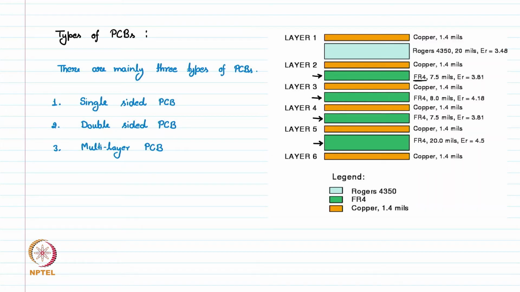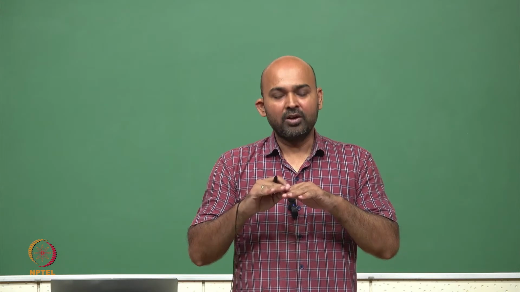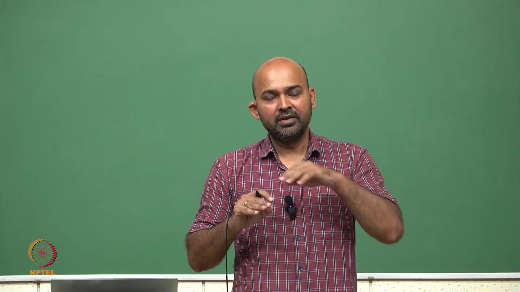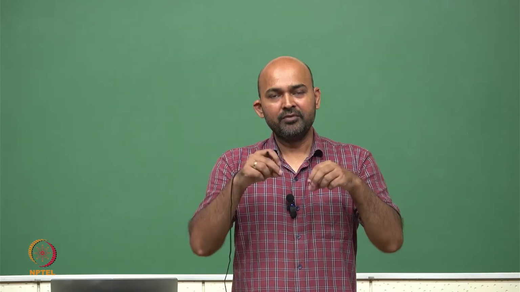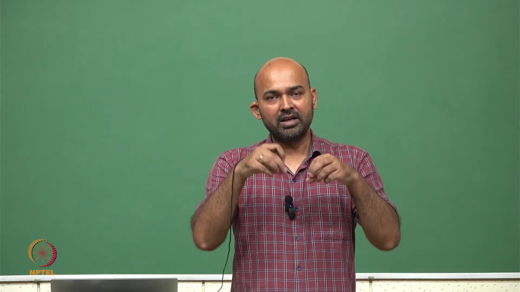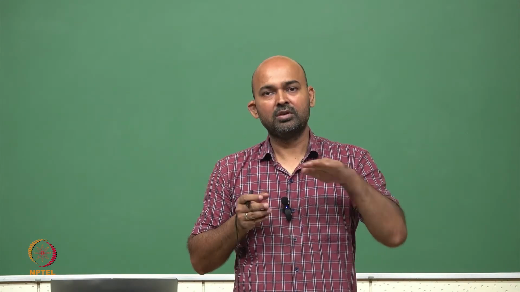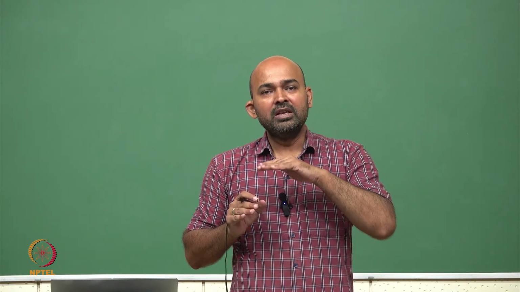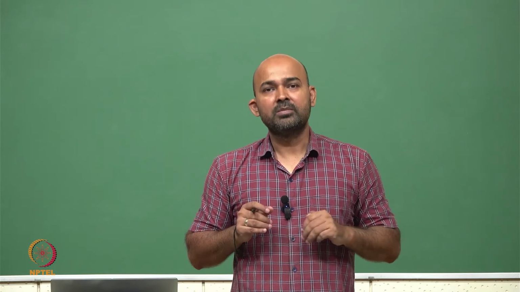So now what is single sided PCB? We have only one sheet of substrate and on top we have copper layer only on one side. We etch out the copper layer and we make the traces and put the circuits and electronic components on top, everything on the one side of this substrate.